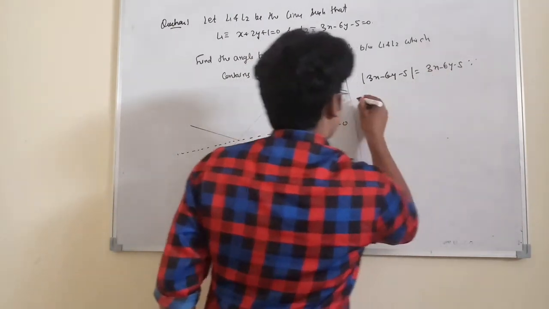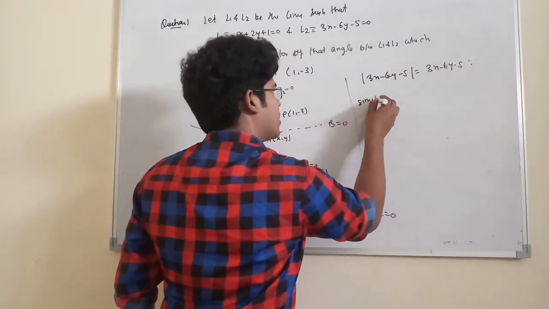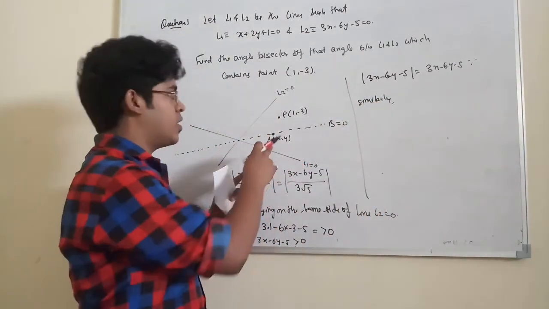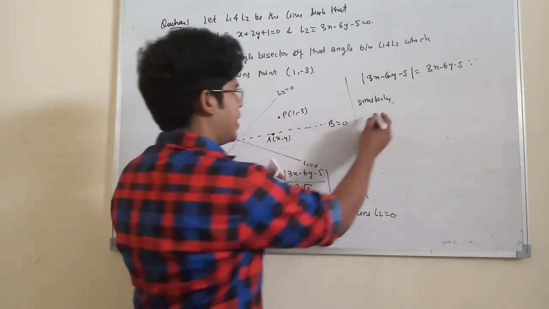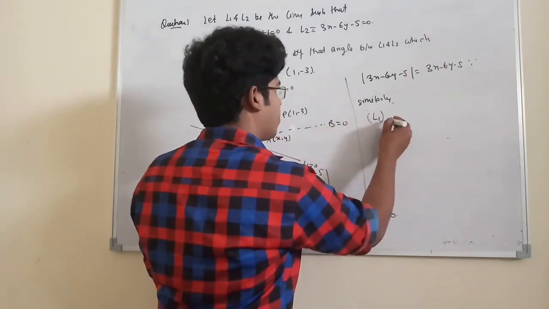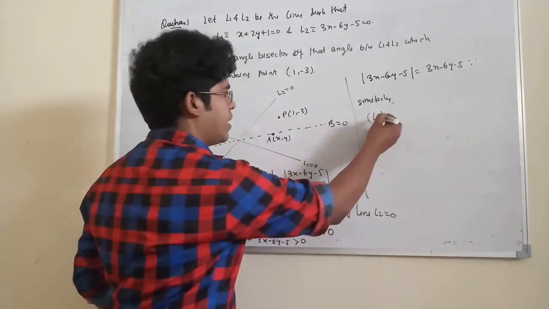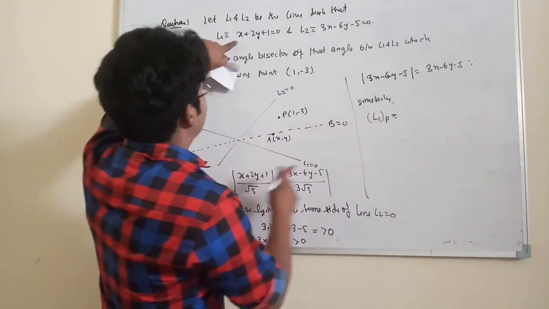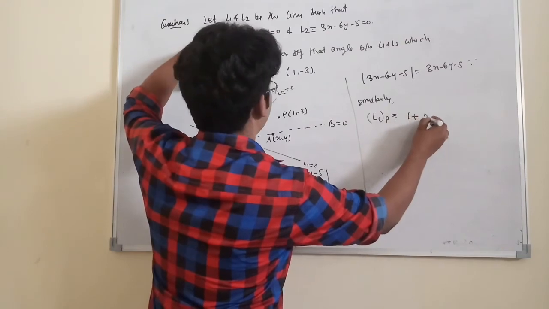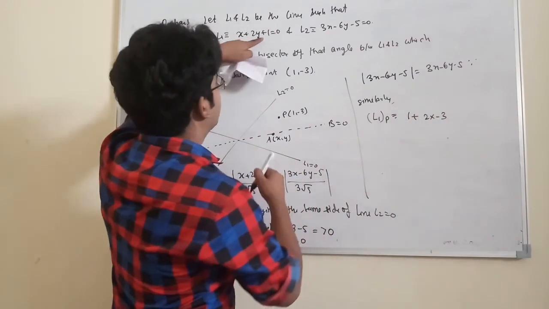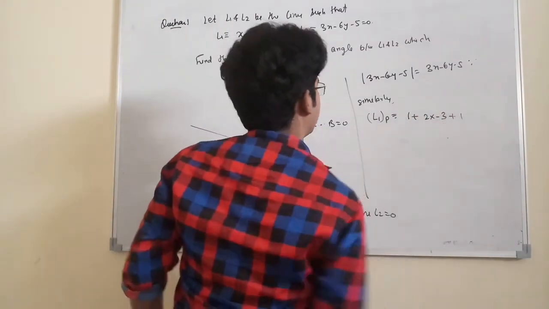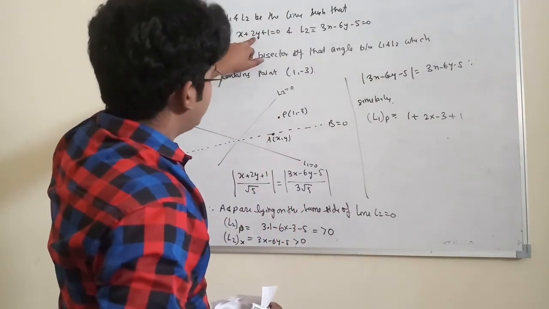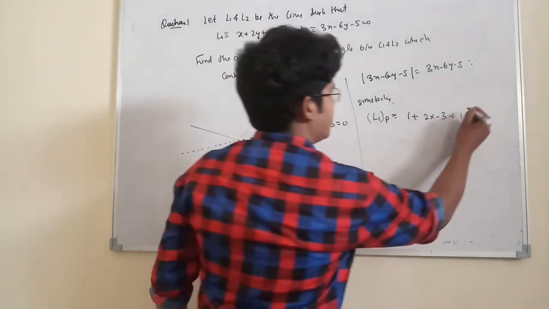Similarly, point A and P are lying on the same side of L1 is equal to 0. So when I substitute the point P in the line L1, it will become 1 plus 2 into minus 3 plus 1, and it becomes negative, right?